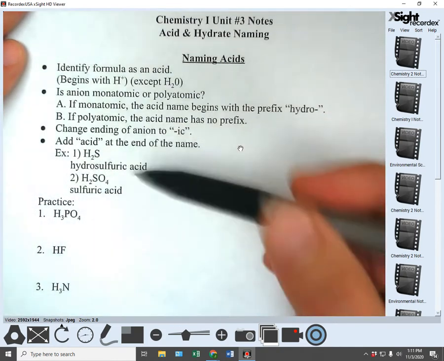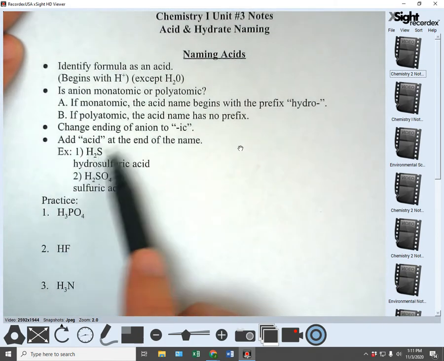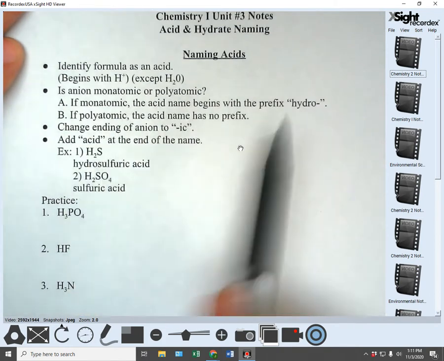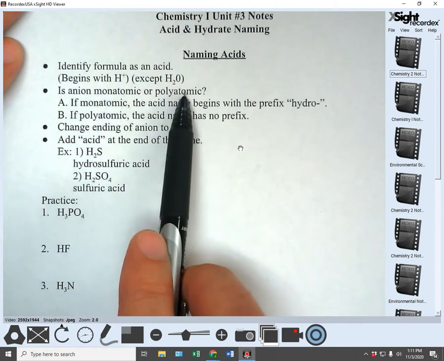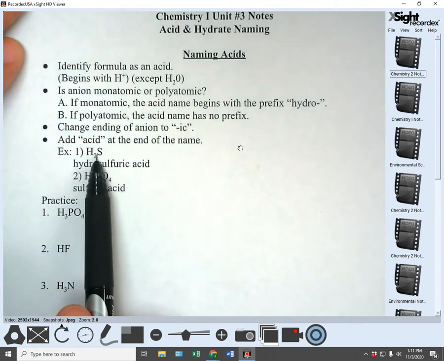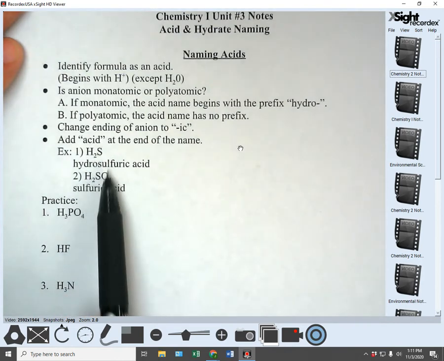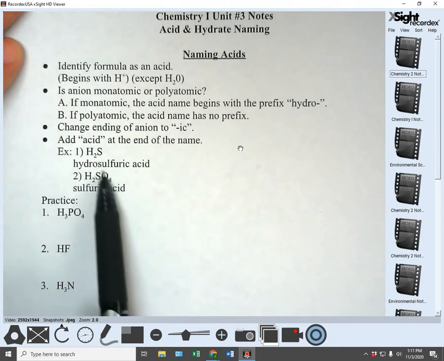So let's look at a couple here. We've got H2S and H2SO4. Both start with H, so we've identified them as acids. Is the anion monatomic or polyatomic? In the first one, everything after the H is just one element, the S. In the second one, there are two capitals, S and O, so that's polyatomic.